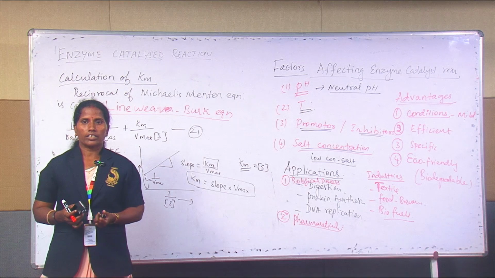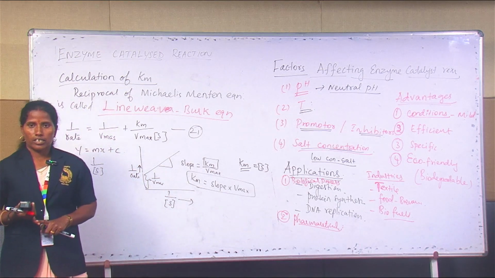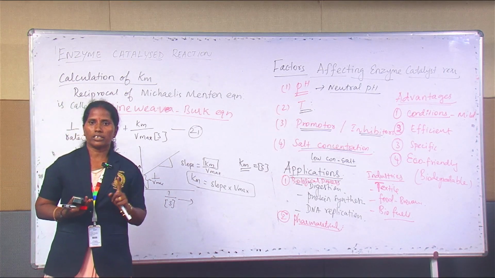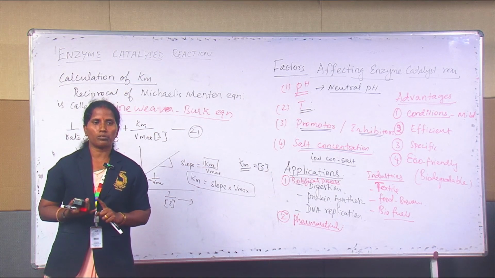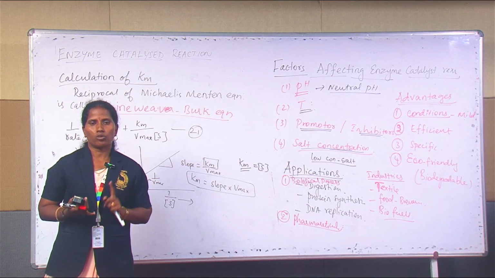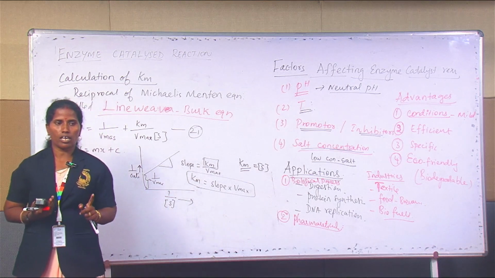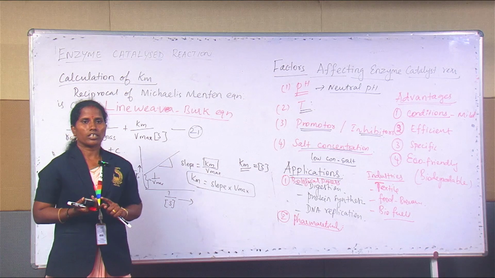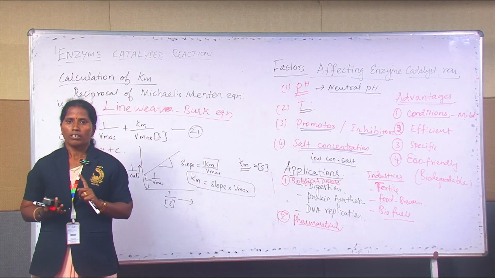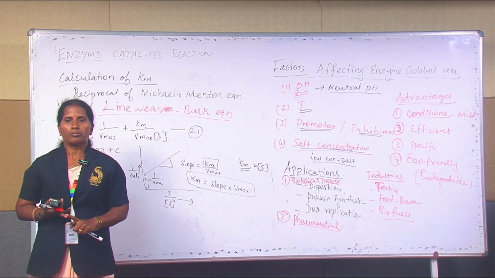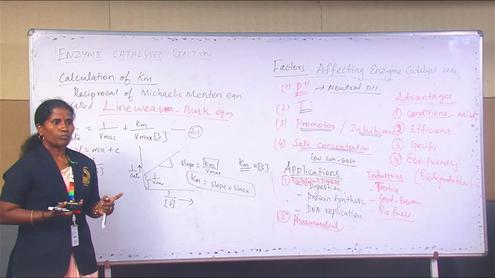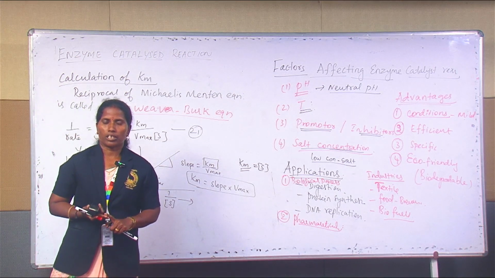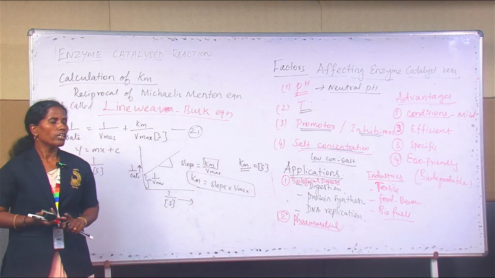In today's class we covered catalysis, types of catalysis, basic criteria of catalysis, and various types of catalyst reactions, that is homogeneous, heterogeneous, and enzyme catalyst reactions. After that, the definition of enzyme catalyst reactions, some examples, and basic characteristics were seen.